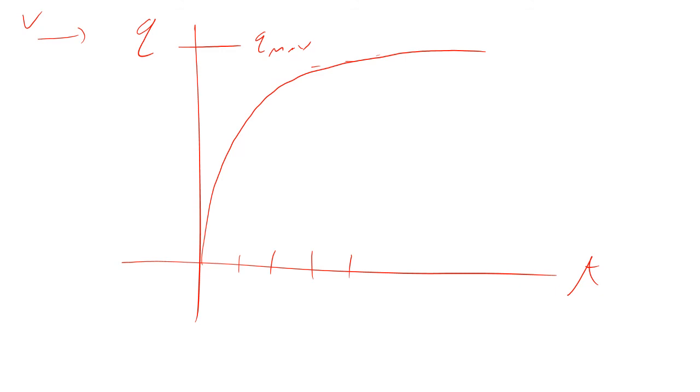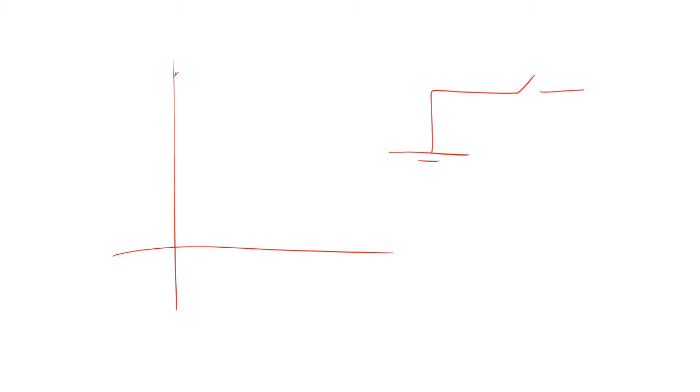And so it just gets very slow charging at that point, because if you take the derivative of this curve when it's way over here, the derivative is very, very small, and so the current is very, very small. When you first close the switch, the current is going to be very high. So look at this: we got the capacitor in here, we got the resistor.